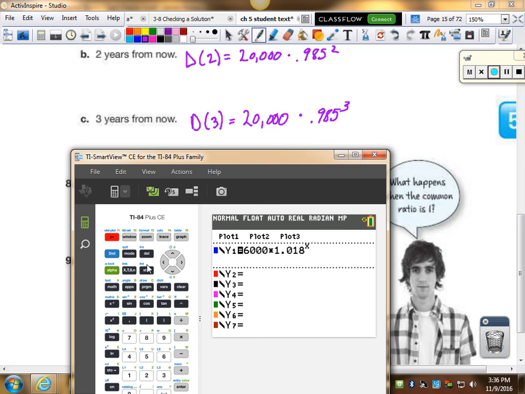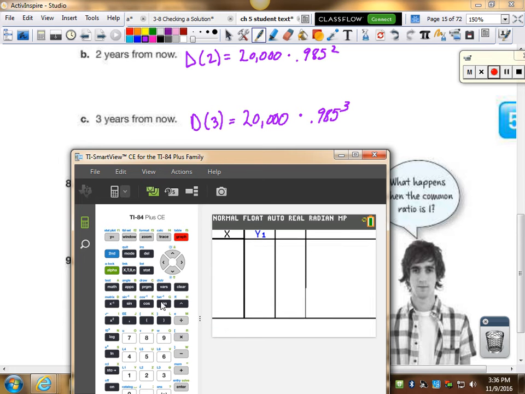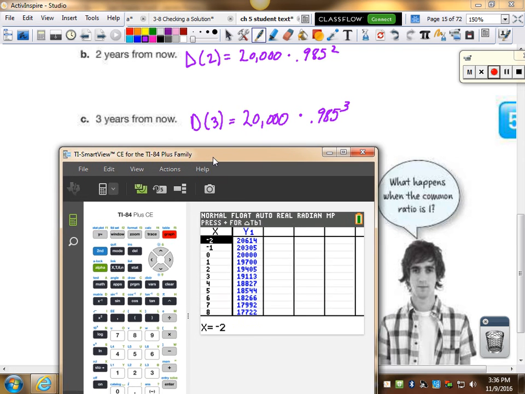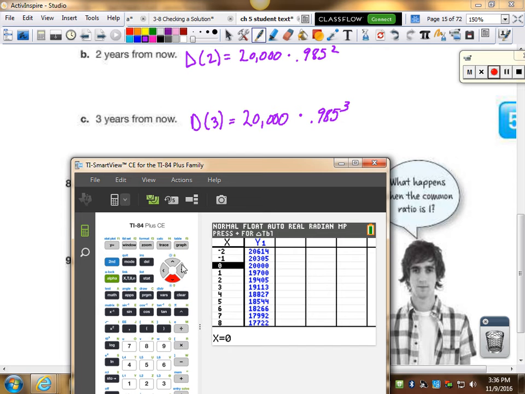So go to your y equals again. 20,000 times 0.985 caret x. And we're specifically looking for the value at 2 years, 19,000.